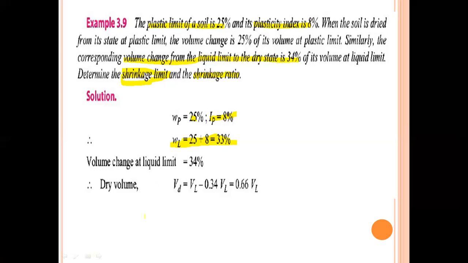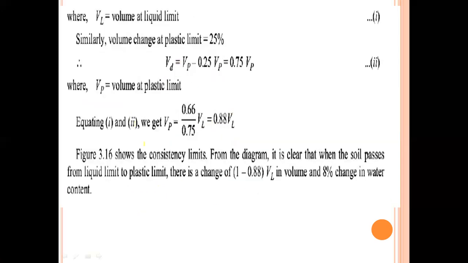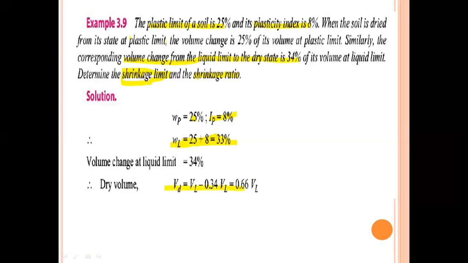Next, dry volume VD equal to VL minus 0.34 into VL, that equals 0.66 VL. So VL is the volume of the liquid limit. Similarly, volume change in plastic limit, it is the plastic limit volume changes 25%.